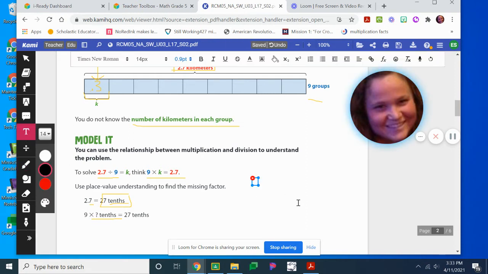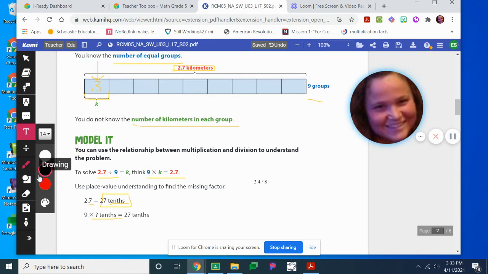Let's say I've got 2.4 divided by 8. I don't know how to do the divided by 8 wholes. Okay, so what do I know with this? I know that I've got 2.4 or 24/10 because my 4 is landing in the tenths place.